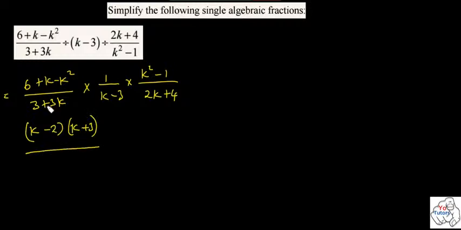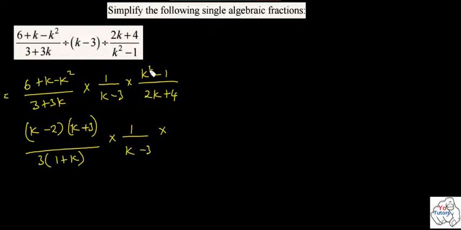Then over here we have 3 outside, then it's going to be 1 plus k. Then here times 1 over k minus 3 times k.